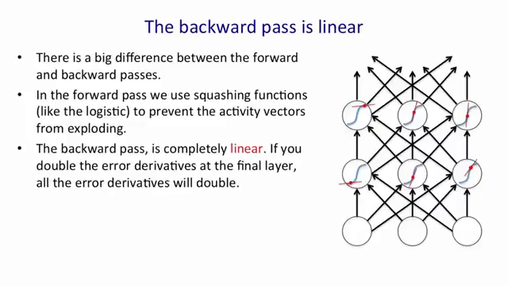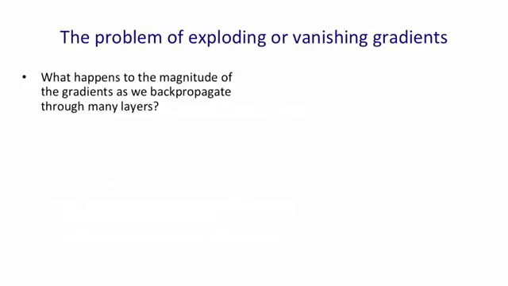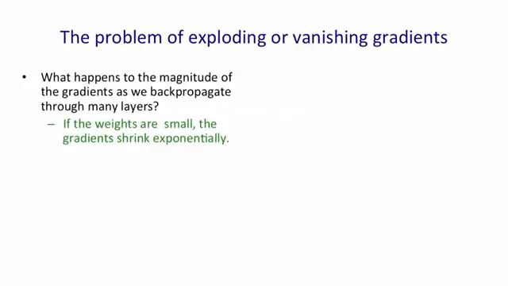But during the backpropagation, it's a linear system, and so it suffers from a problem of linear systems, which is when you iterate, they tend to either explode or die. So when we backpropagate through many layers, if the weights are small, the gradients will shrink and become exponentially small. And that means that when you backpropagate through time, gradients that are many steps earlier than the targets arrive will be tiny.